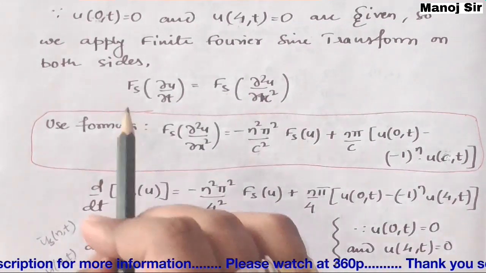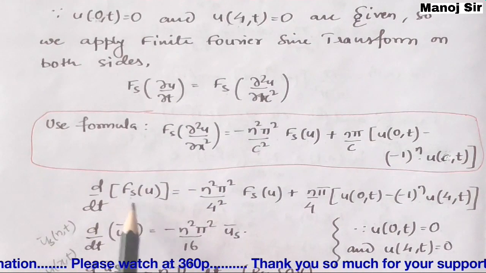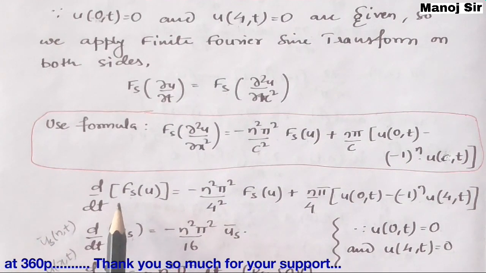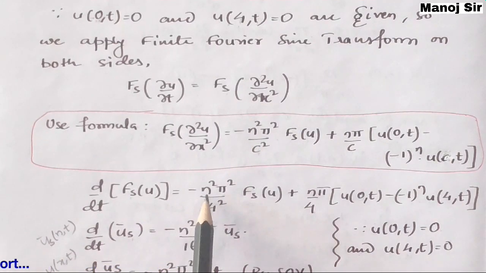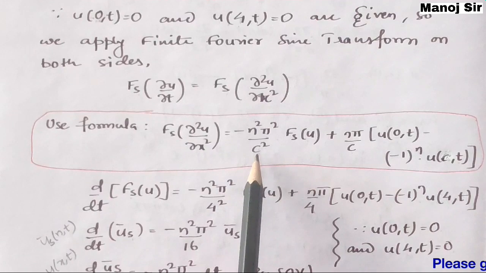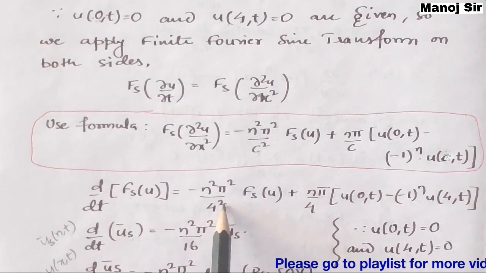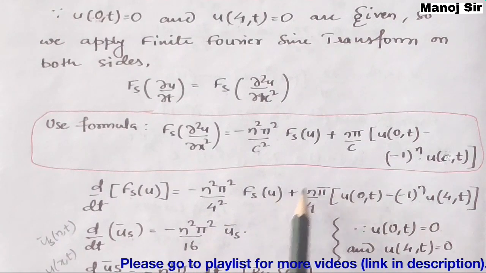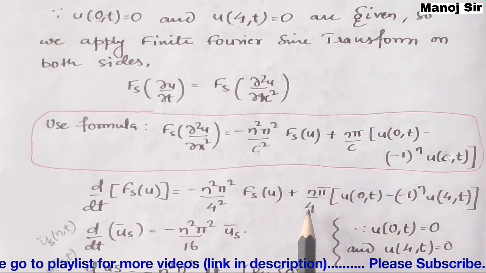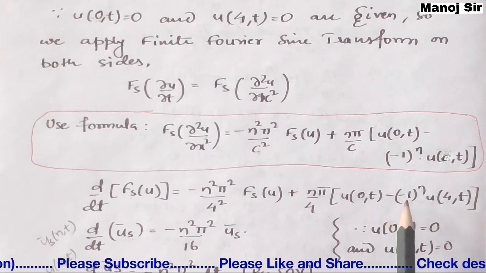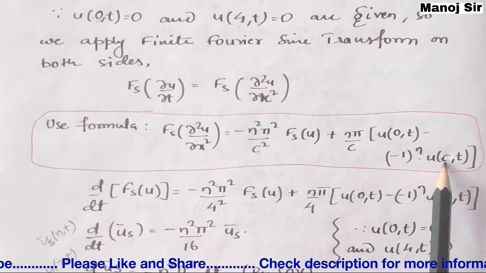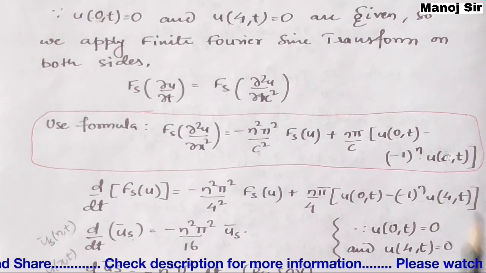So we can write this as d upon dt of the finite Fourier sine transform of u equals minus n square pi square upon 4 square times the finite Fourier sine transform of u, plus n pi upon 4 times the bracket u of 0 comma t minus minus 1 power n times u of 4 comma t.